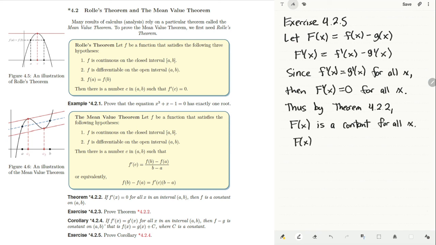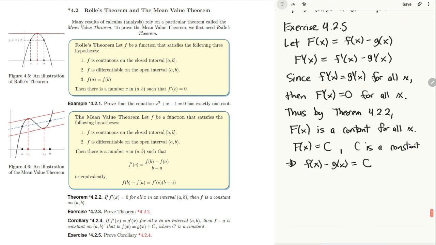So F of x is equal to capital C, where C is a constant. And so this tells us that f of x minus g of x is equal to a constant. So f of x is equal to g of x plus c.